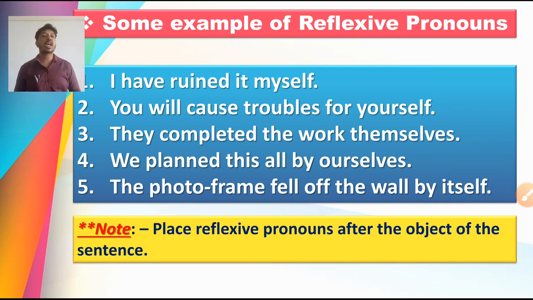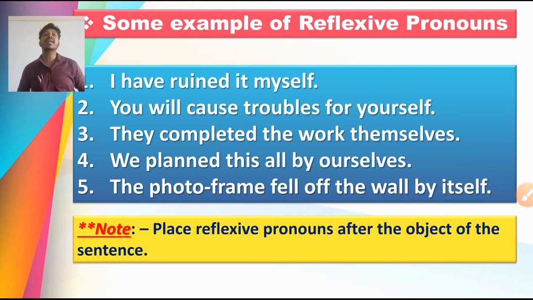You will cause troubles for yourself. They completed the work themselves. We planned this all by ourselves. The photo frame fell off the wall by itself. In these sentences, there are some objects. But if you say I hurt myself, here there is no such extra object.